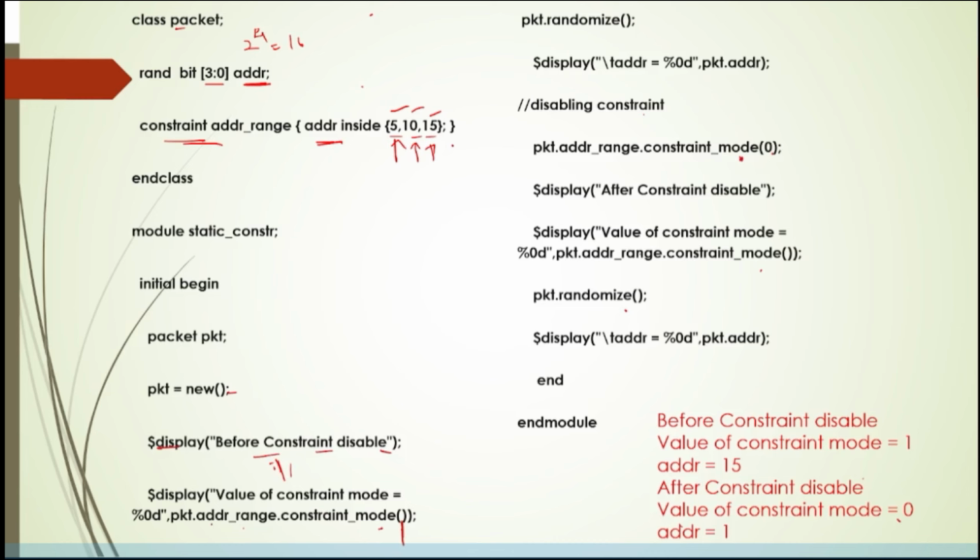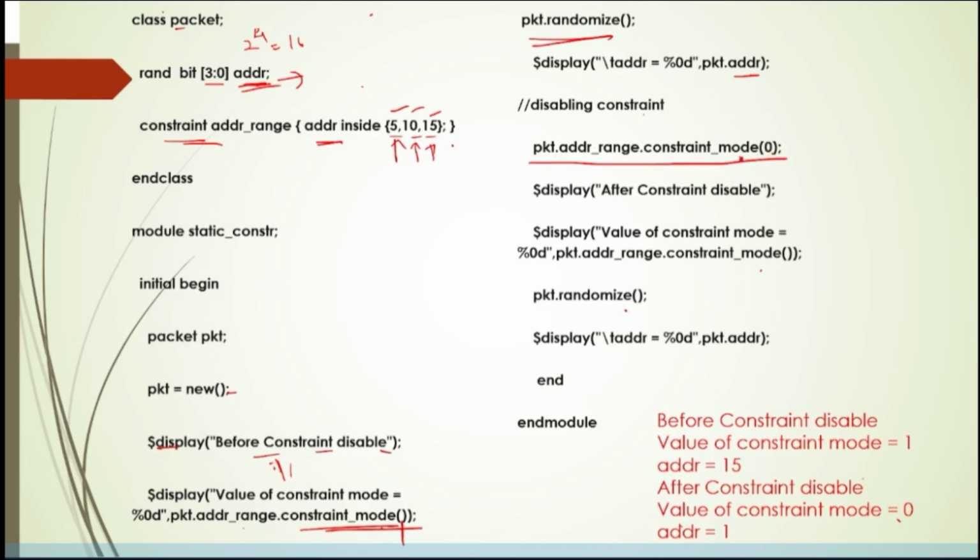Then you have randomized, and then you are displaying the address. After displaying this address, you are going to disable the constraint. How are we going to disable the constraint?